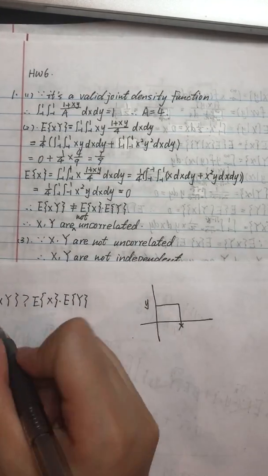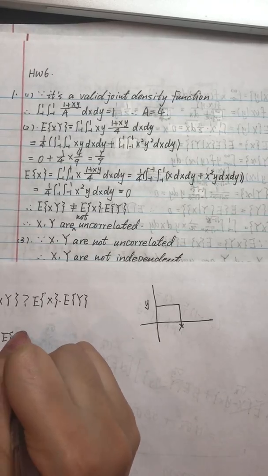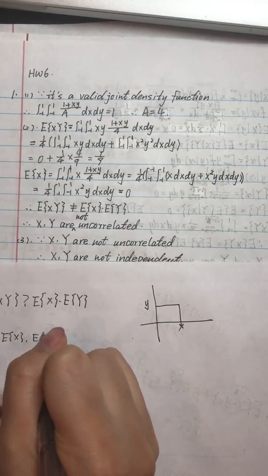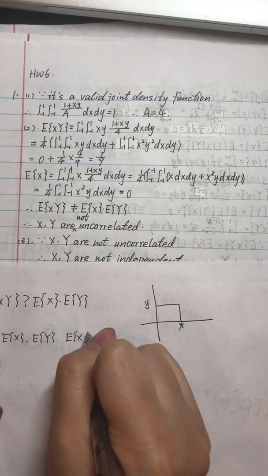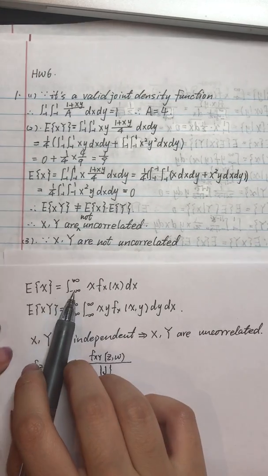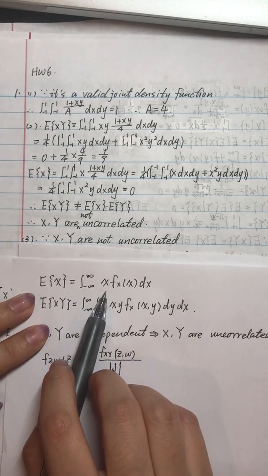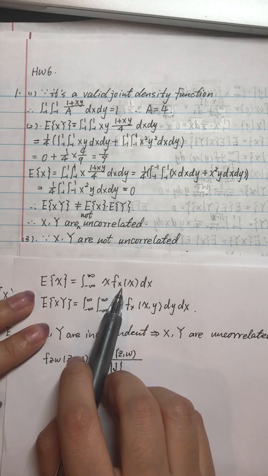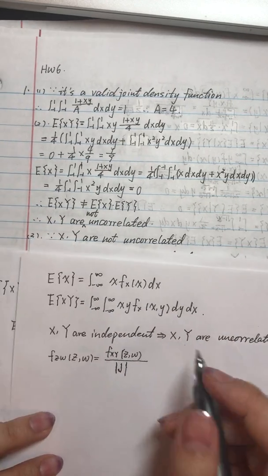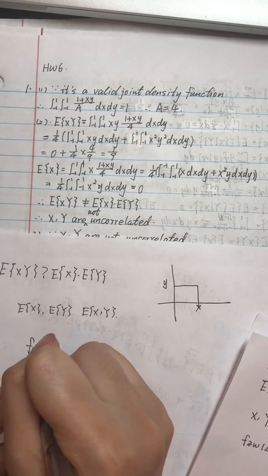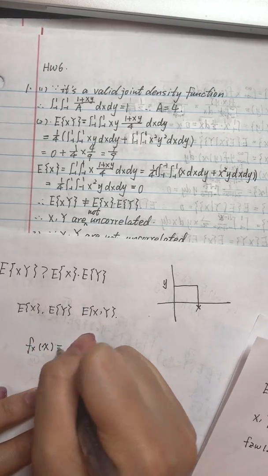So we need to calculate E[X], E[Y] and E[XY], and we have the formula there. So E[X] equals the integral of x f_X(x) dx, so we need to calculate f_X first.